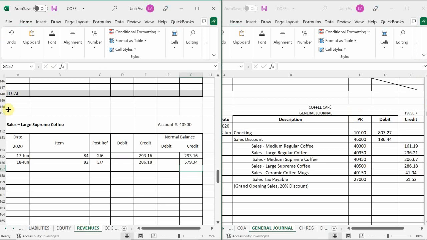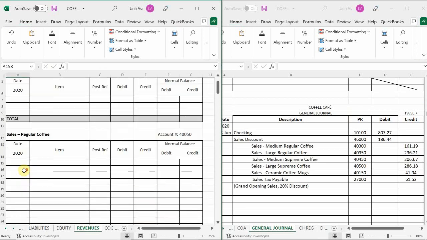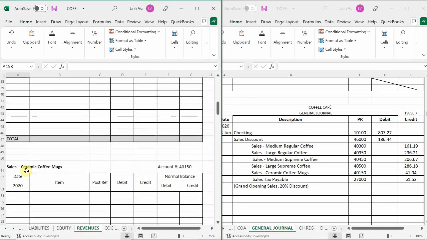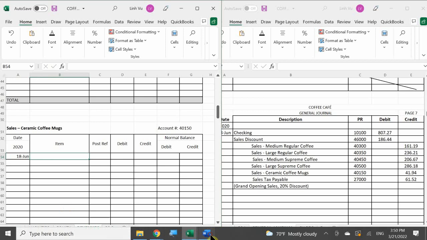We also sold ceramic coffee mugs. How many mugs did we sell? Here is the ceramic coffee mug, right? Because we also sell to our wholesalers. So, how many mugs did we sell?